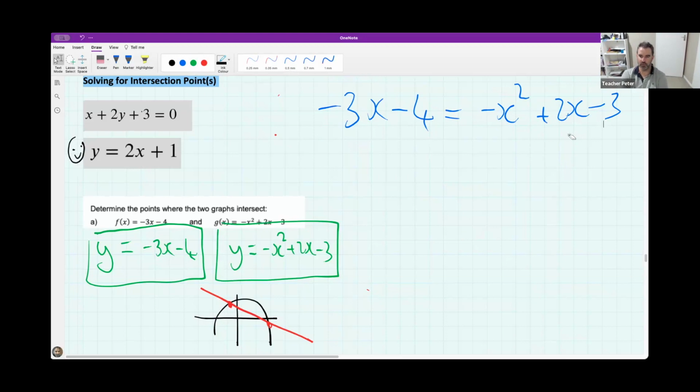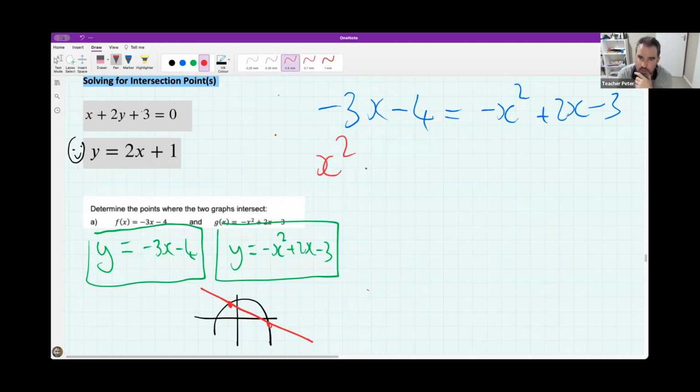I would start by doing that. So I've got to solve this equation.